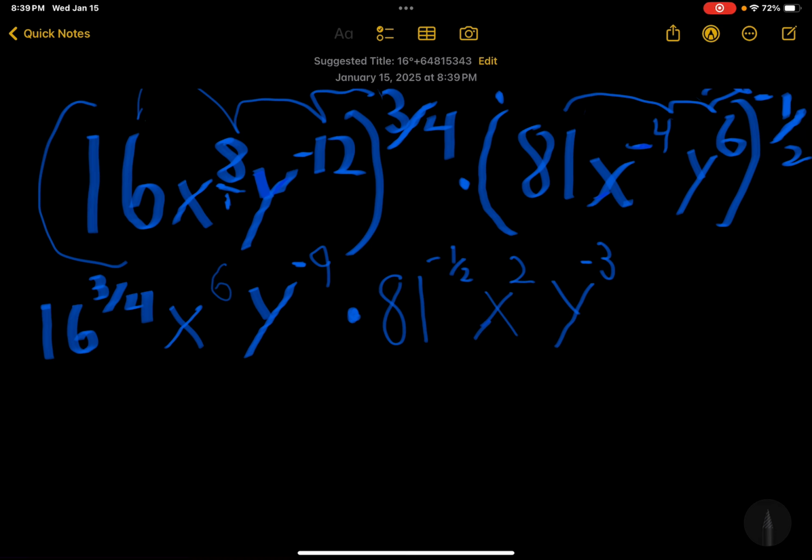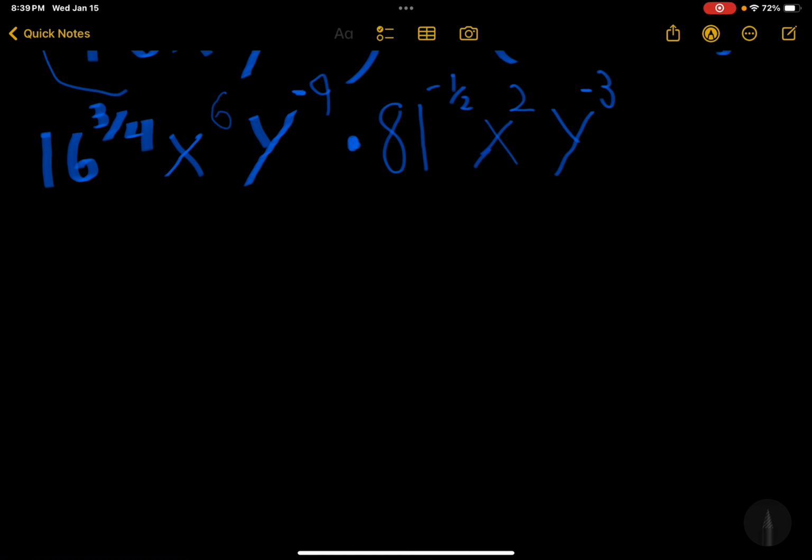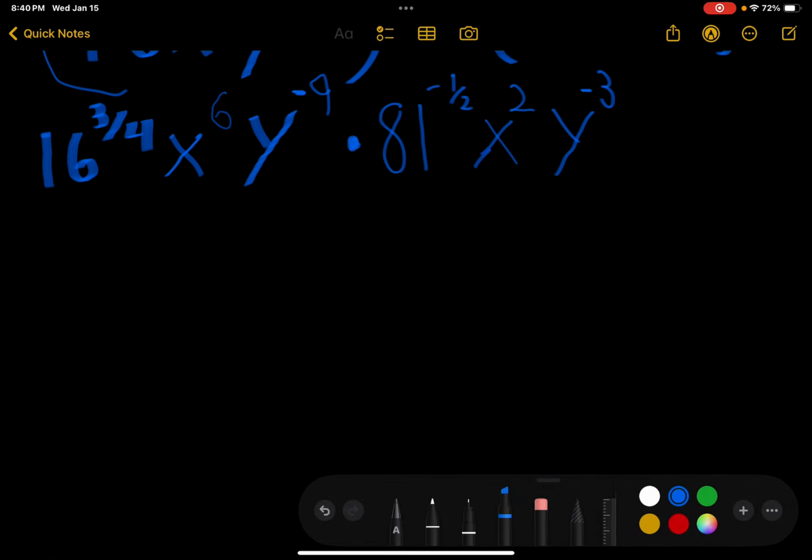All right, we got all that done. Now we just need to simplify even more. The first thing I'm gonna simplify is this 16 raised to the 3/4 power.